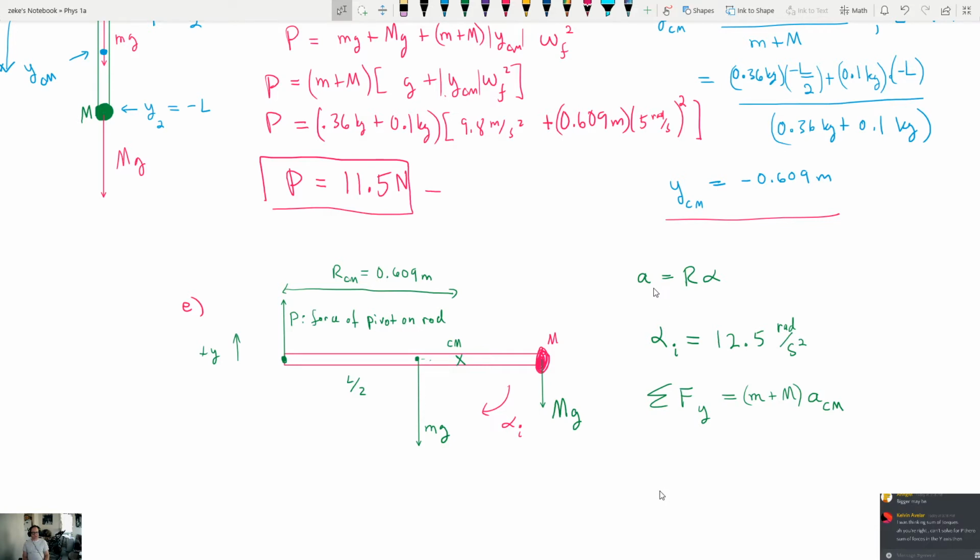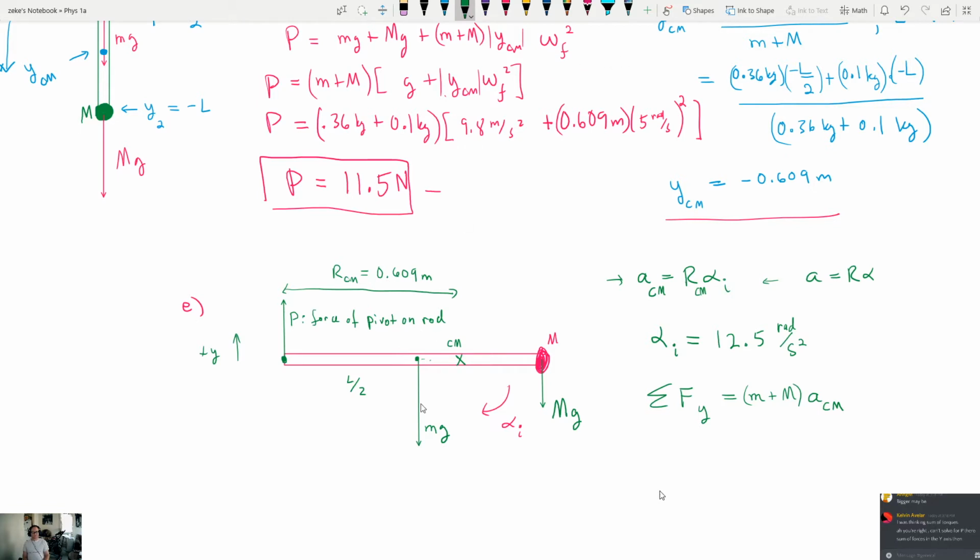So for us, the acceleration of the center of mass of this system is going to be equal to the center of mass distance from the pivot multiplied by alpha initial. But really, this equation is just a equal to r alpha. This is how we relate linear acceleration to angular acceleration.